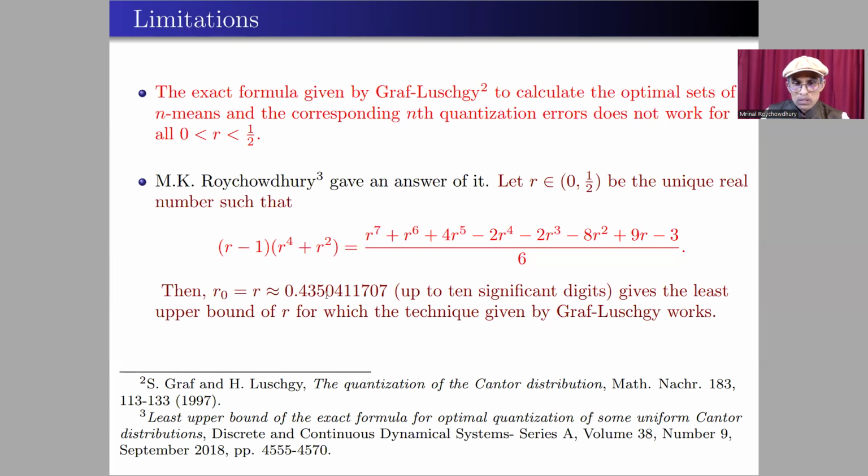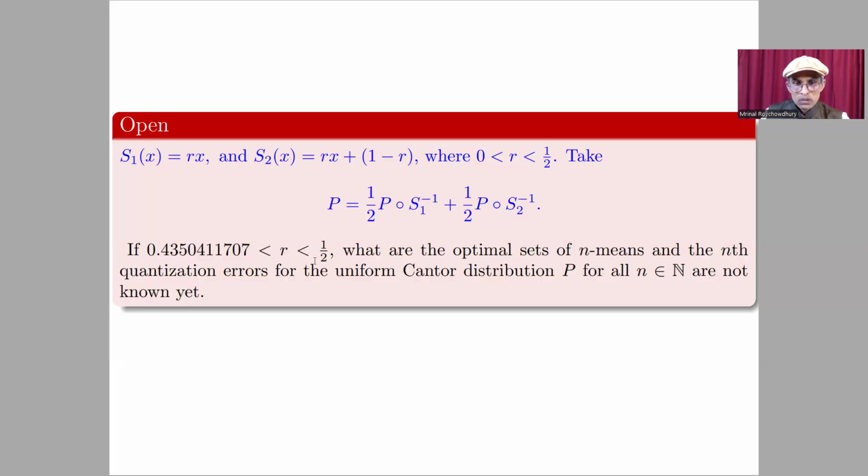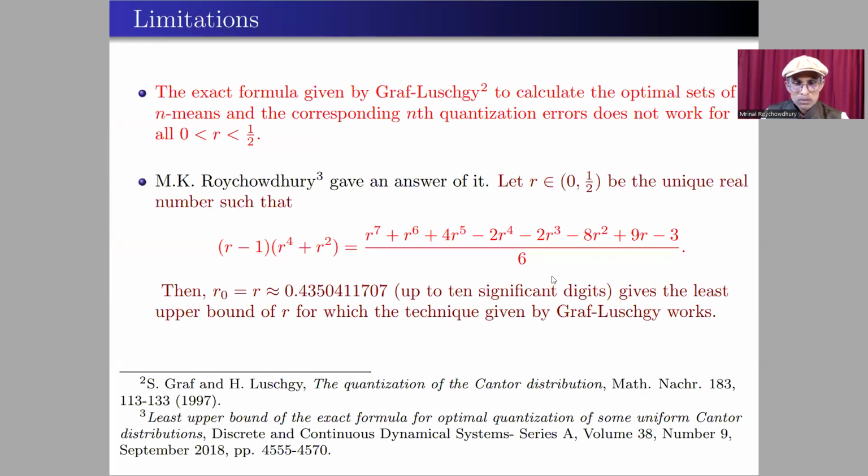If r lies between this number and 1/2, then the optimal sets of n means and the nth quantization errors for the uniform Cantor distribution P, for all positive integers n, are not known yet. So this is an open problem, a long-time open problem.